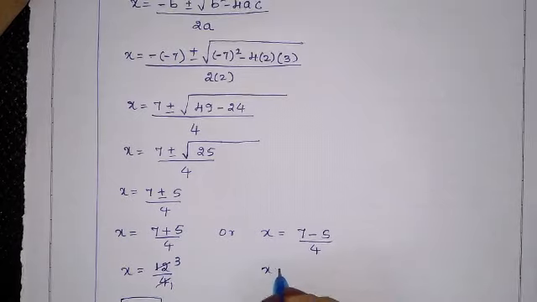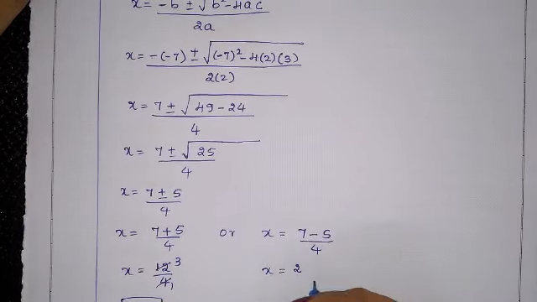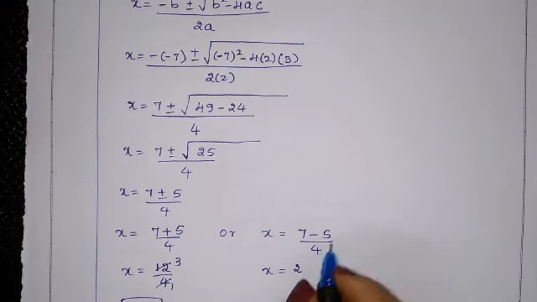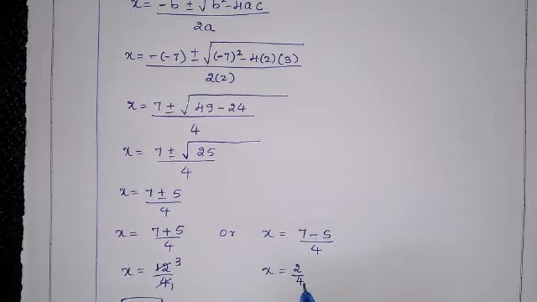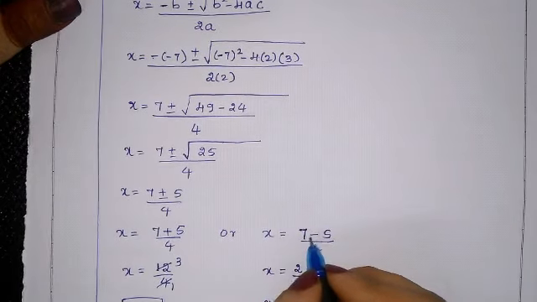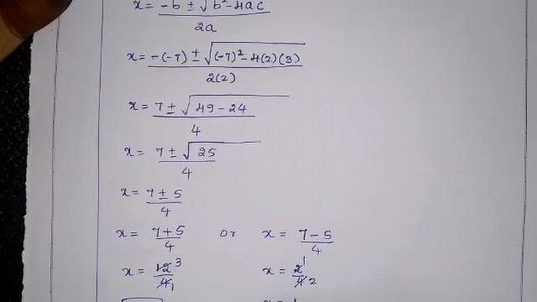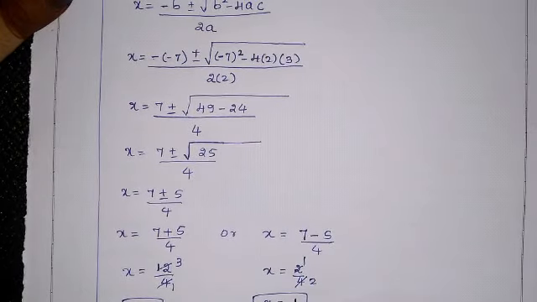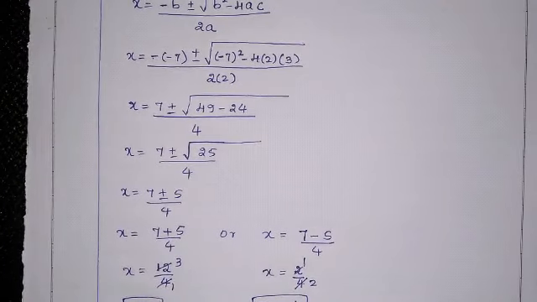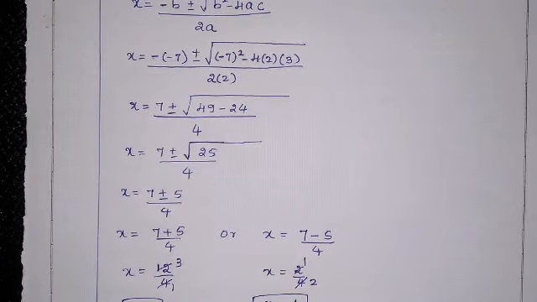Here x is equal to 7 minus 5 is 2, 2 by 4. So x is equal to 2 1s are 2, 2 2s are 4, 1 by 2. So one x value is 3 we got. One more x value we got, 1 by 2.